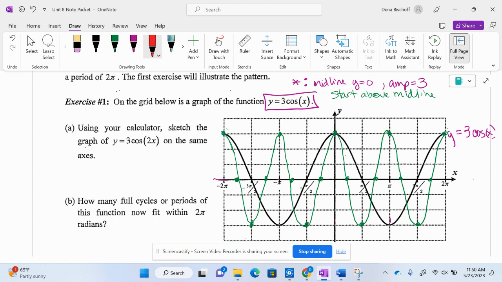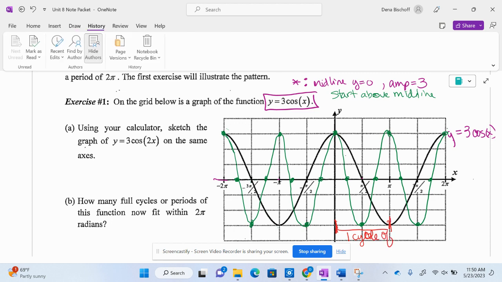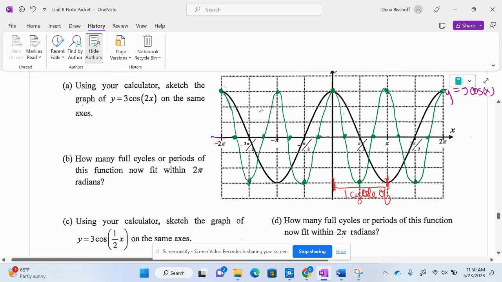this right here is one cycle of that function, 3 cosine 2x. This is one cycle.